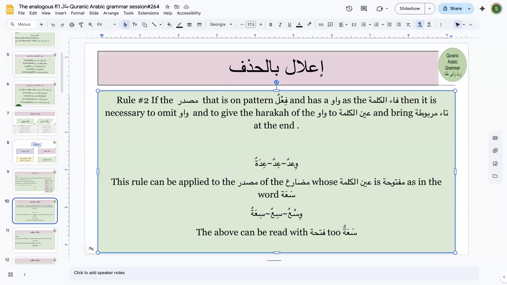When the ainul kalima of the mudare is maftuha, in that case you may find that the ainul kalima of the masdar can be either written with kasra after the omission of waw, or it can also have a fatha as well. Are you with me?